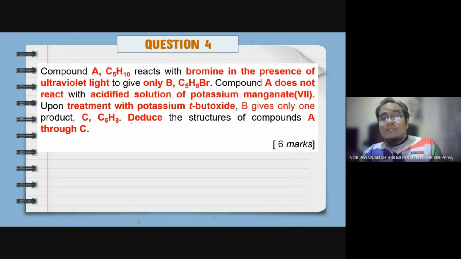Dia minta you deduce guys. Ingat, kalau dalam soalan exam nanti, bila ada perkataan deduce, bukan setakat you bagi tahu A apa, B apa, C apa, tak. You all kena explain kenapa A adalah A, kenapa B adalah B dan kenapa C adalah C.